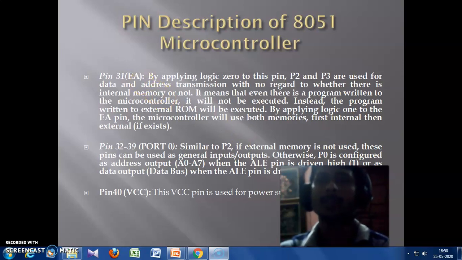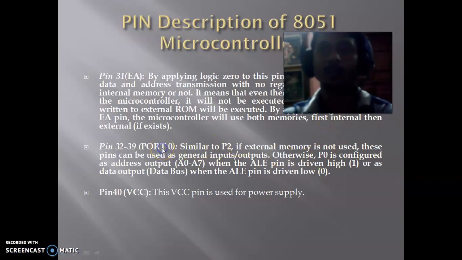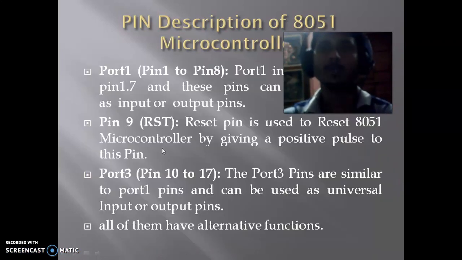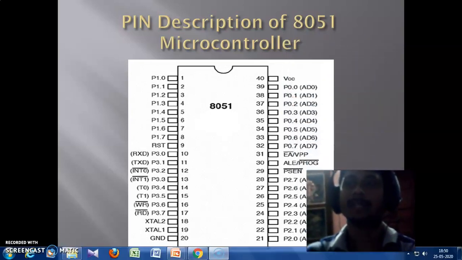Now the next one is pins 32 to 39, that is port 0. So port 0, in the diagram, is basically used as a simple port, as well as a multiplexed lower order address data bus.